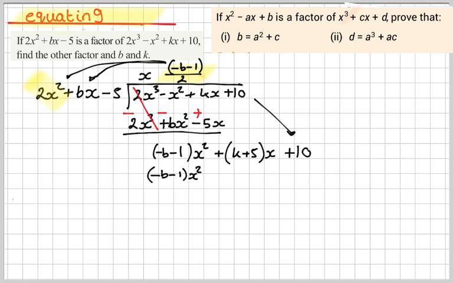It seems quite difficult, but it will work its way out in the end. So it'll be this expression times bx next. So it's going to be b times that expression. That will give me the x. And then it will be that expression again times the minus 5. So minus 5 times this expression.